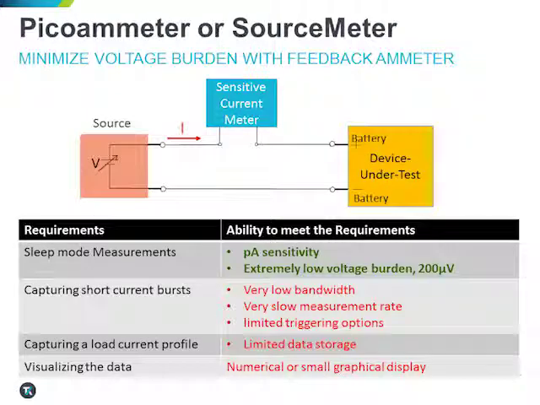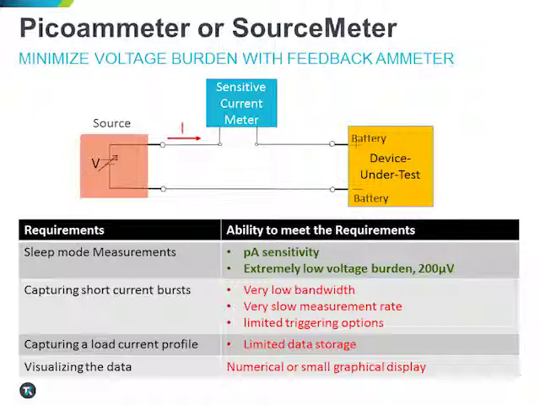Let's consider two low current measurement instruments and see which requirements they meet and show up as green in our table of needs. A picoammeter and a source meter use the feedback ammeter topology. They solve the sleep mode measurement problem with minimal voltage burden and more than enough current sensitivity.